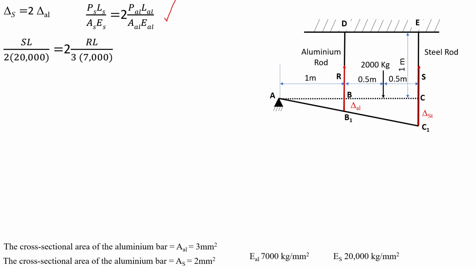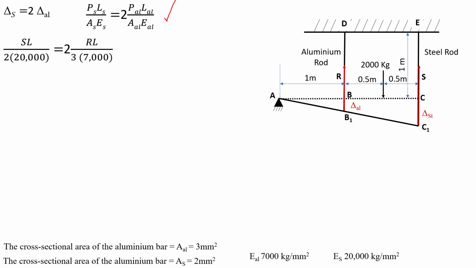PS, the load or tension in the steel rod, we are considering as S. So we replace PS with S. LS, the length of the steel rod, initially let us consider L, divided by the cross sectional area of the steel, given as 2 mm square, and ES is given as 20,000, equal to 2 into PAL.